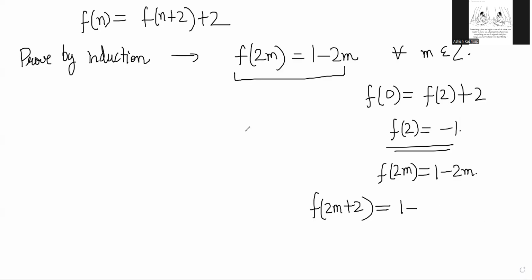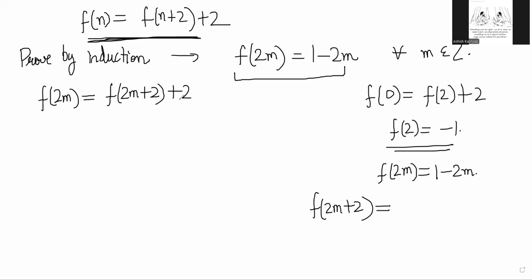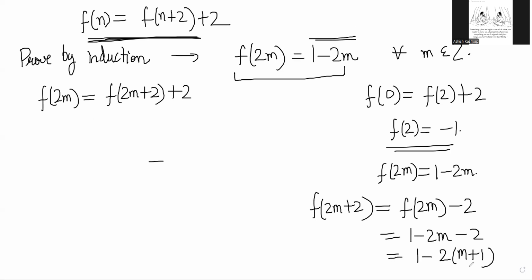In order to prove f of 2m plus 2 is this, we will use the condition here to say that f of 2m is equal to f of 2m plus 2 plus 2. And from here we will say that f of 2m plus 2 is f of 2m minus 2, right? And because f of 2m is 1 minus 2m, this can be written as 1 minus 2m minus 2. So that is 1 minus 2 times m plus 1, right?